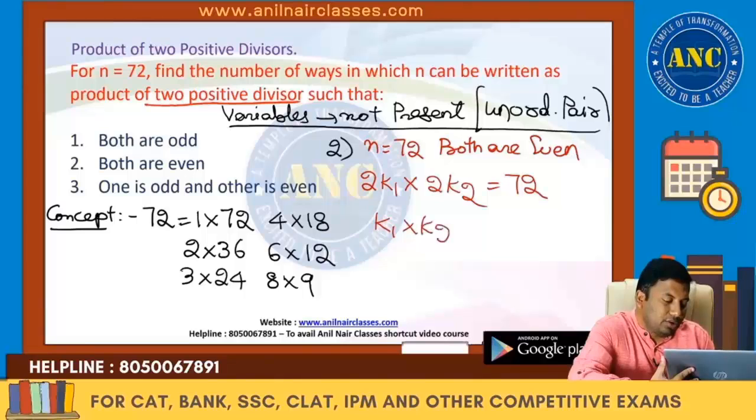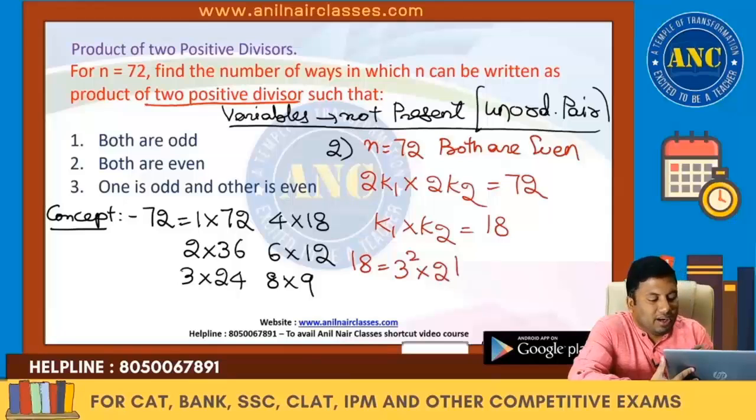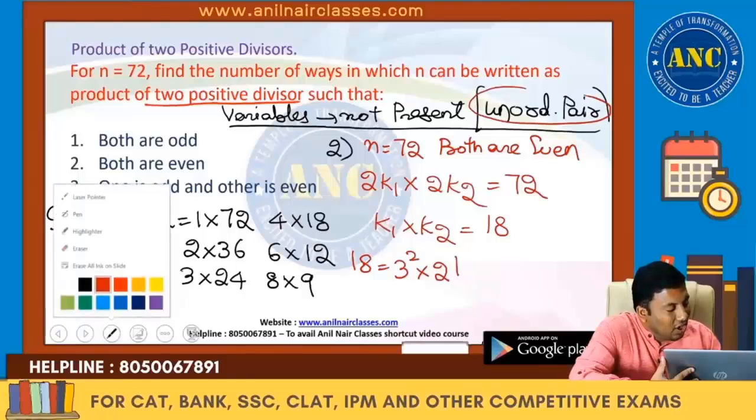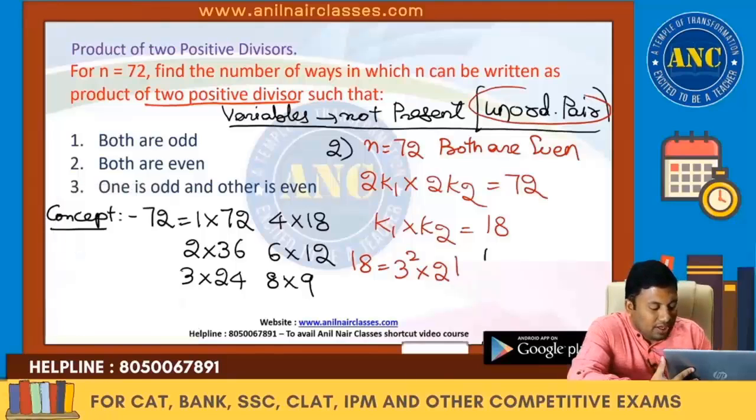k1 into k2 is 72 by 4, which is nothing but 18. 18 is nothing but 3 square into 2 power 1. First of all, it is an unordered pair, and 18 is a non-perfect square. So the answer is the number of factors divided by 2.